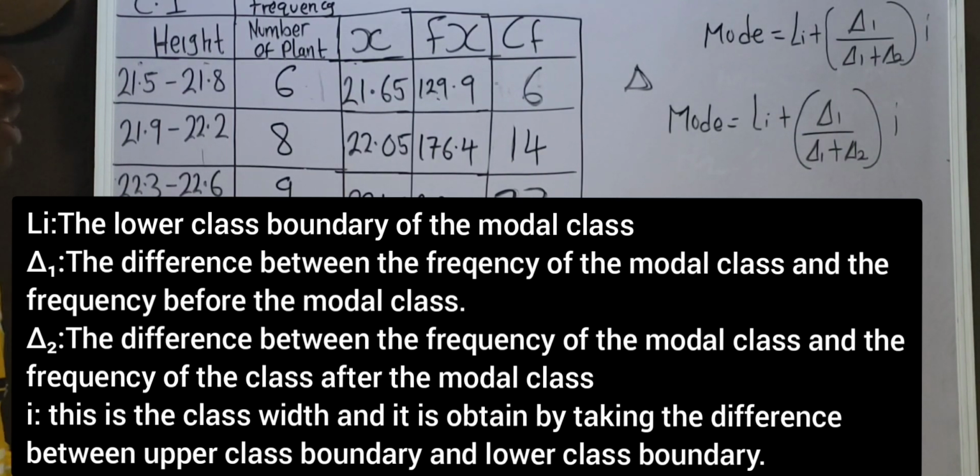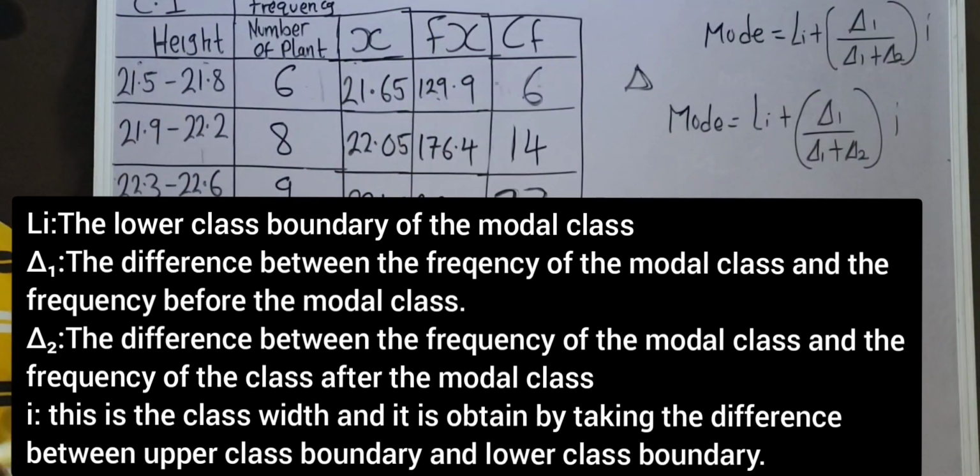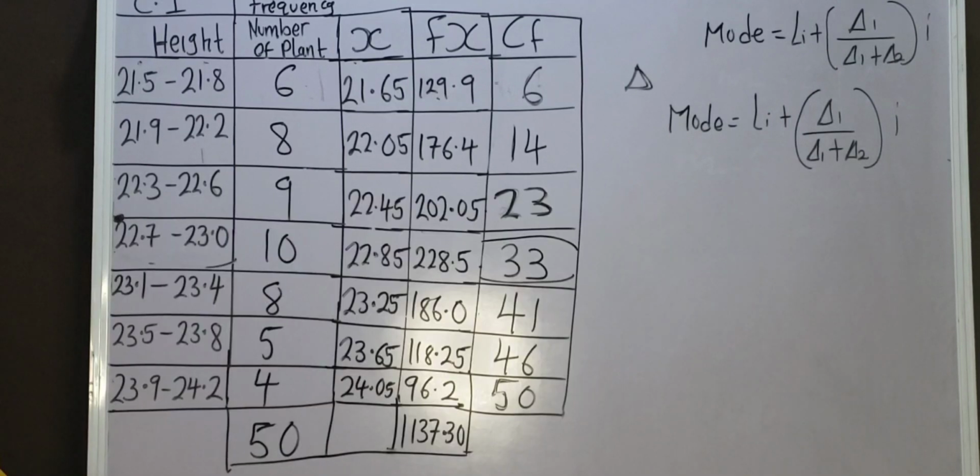You understand? And the last parameter is the class width, the difference between the class boundaries of the modal class. So we cannot do anything unless we determine the modal class. The modal class is the class interval that has the highest frequency.